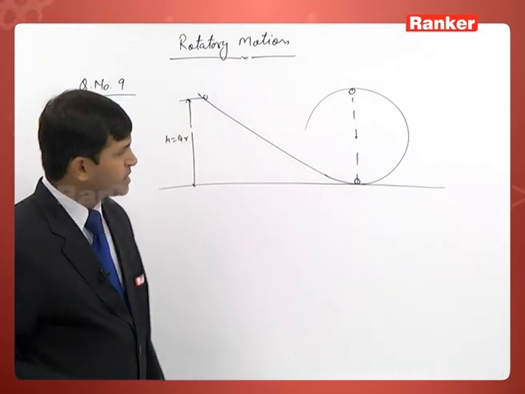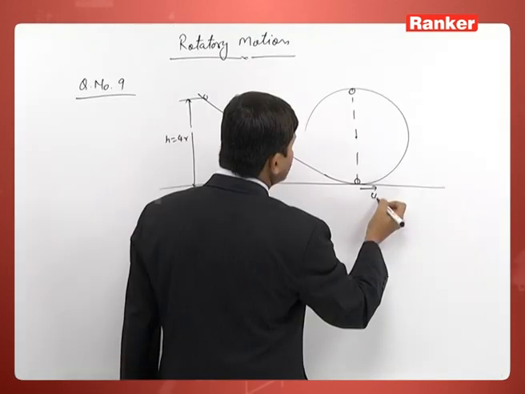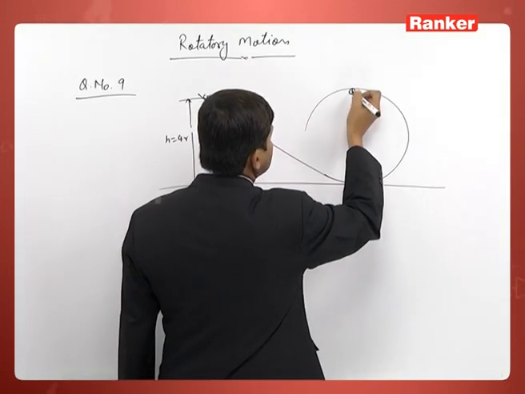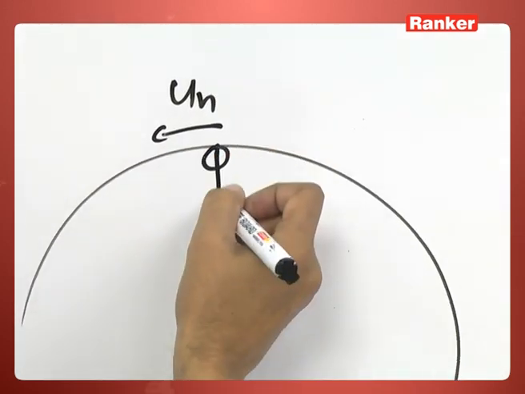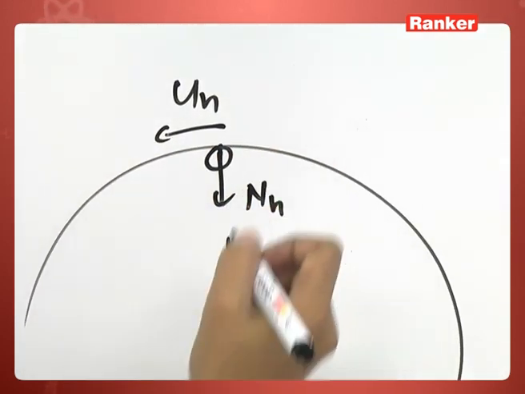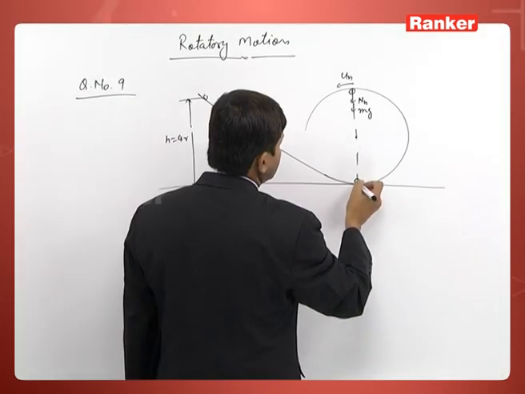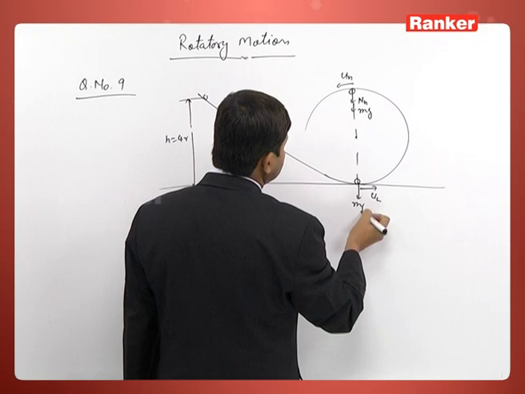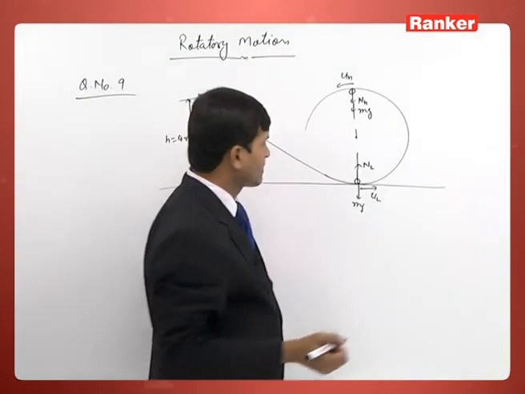Let the velocity at the lowest point be UL, and the velocity at the highest point be UH. Here at the highest point, normal reaction NH and another force mg. At the lowest point, mg is downward and normal reaction NL is upward.